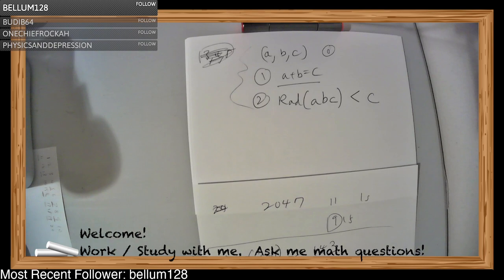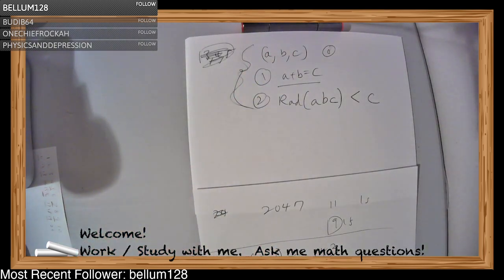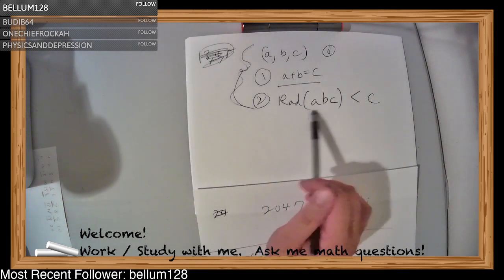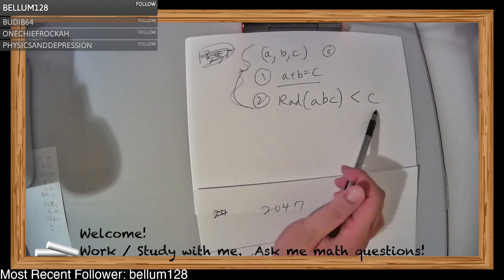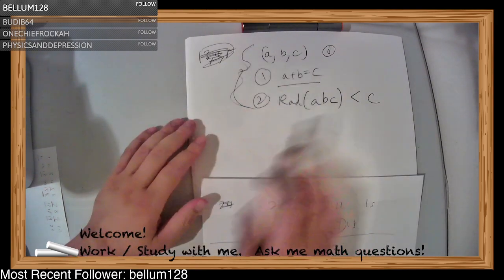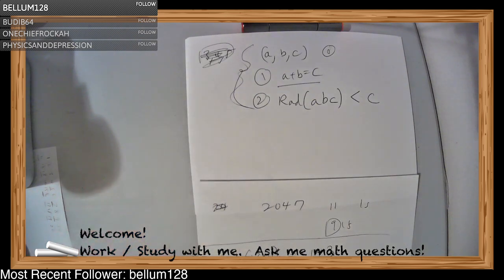So the first question is, can you think of one? Can you find two numbers that add to a third number where the rad of the product of all three is less than the largest one? And A, B, and C have to be positive integers, or just whole numbers, basically.